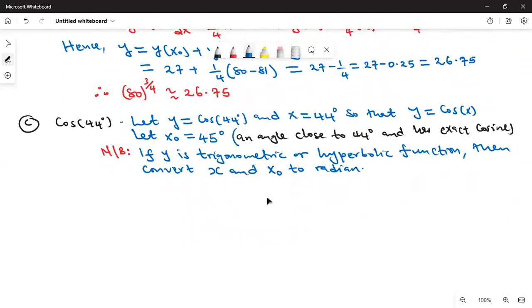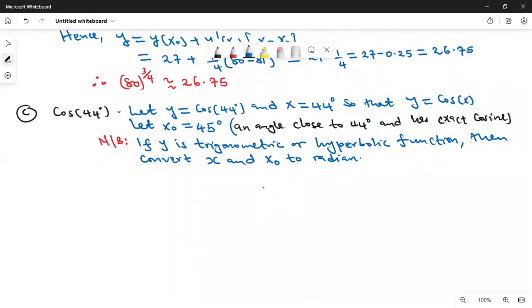So let me show you how to convert them to radian. So what is 44 degrees? Remember, we are going to use this identity, or simply this formula, that 180 degrees is the same as pi radian. That is how you're going to convert from degrees to radian. So therefore, what will be our x naught and what will be our x? Let's start with x naught. X naught will now be, if 180 degrees is equal to pi radian, what about 45 degrees?